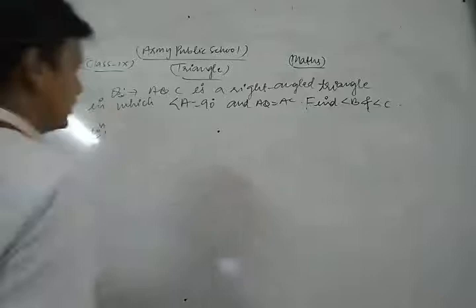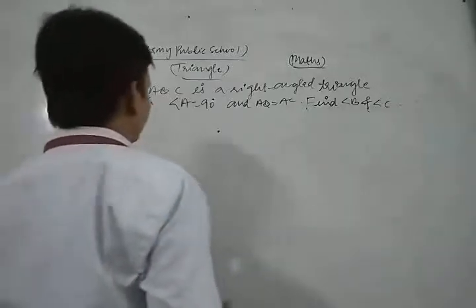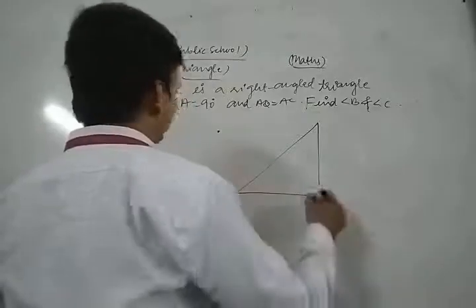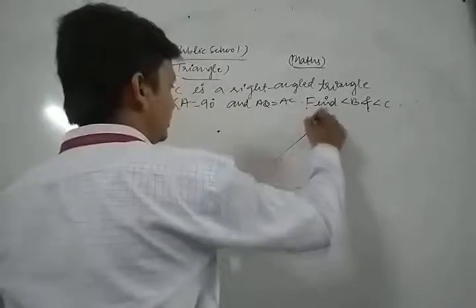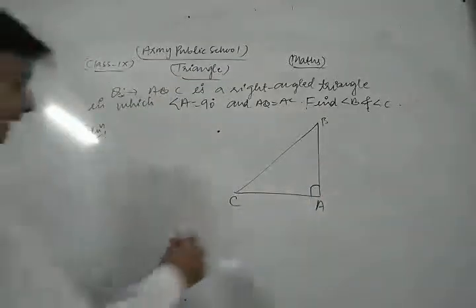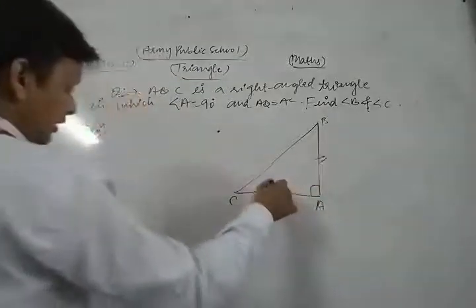So first of all, we draw a right angled triangle, right angled at A. Suppose this is the right angle at A, and this is triangle ABC, and AB is equal to AC.